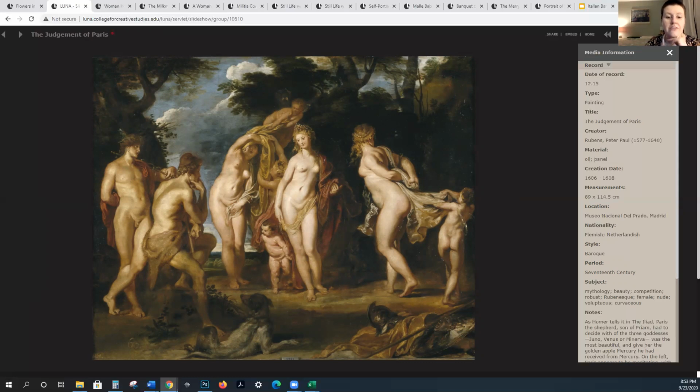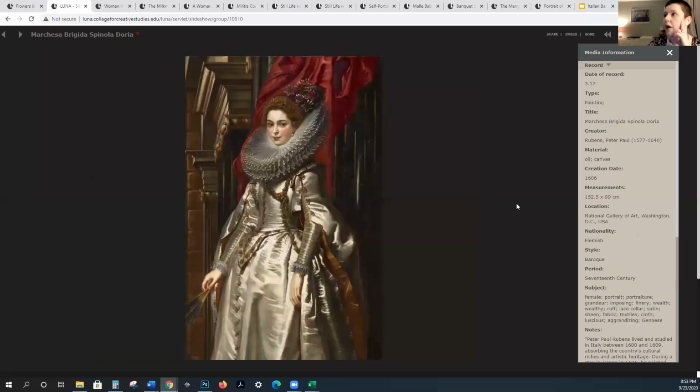But we are going to see some amount of secular painting, more so than in Italy, as well as a lot of mythological work. So this is an early Peter Paul Rubens, and you can see how it's similar to many of the works that unfortunately we just kind of skimmed over, in the way that this satin is depicted in the finery and the lace collar, and the aggrandizing background, but more color.